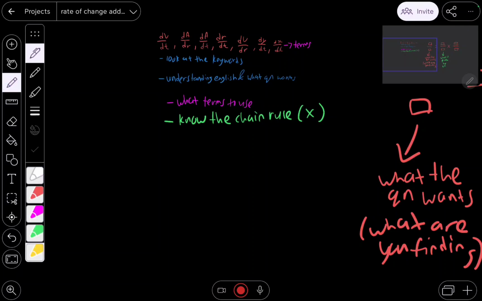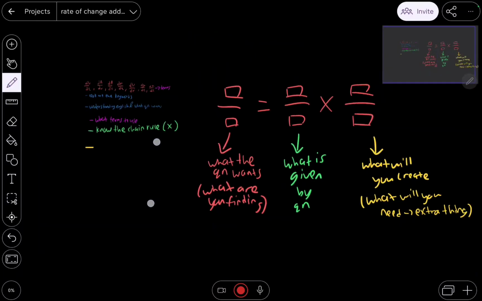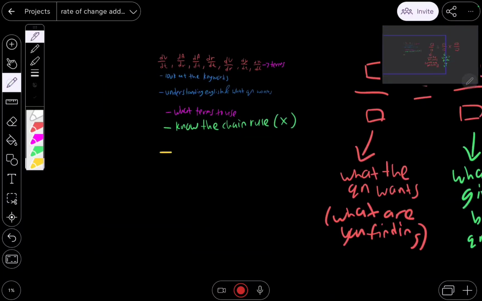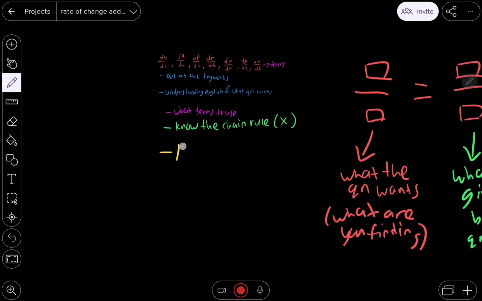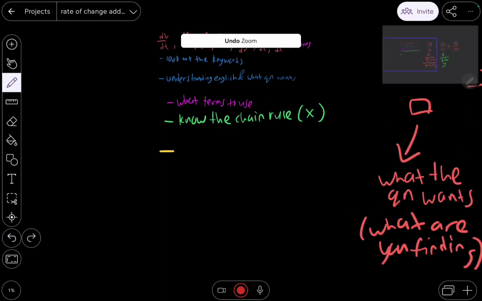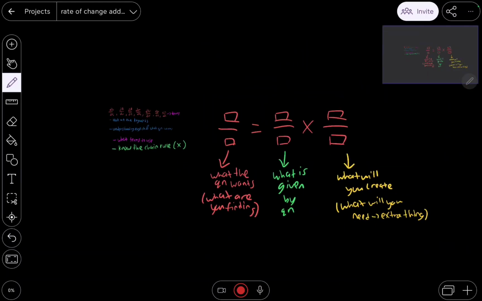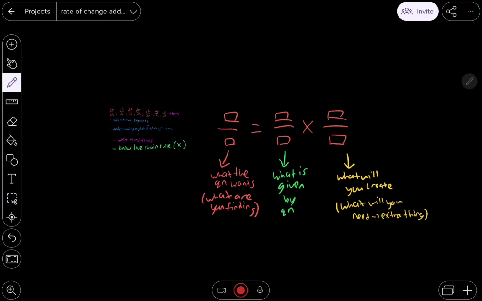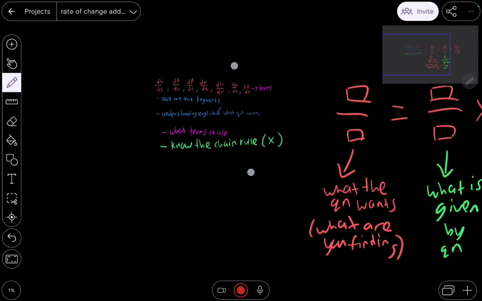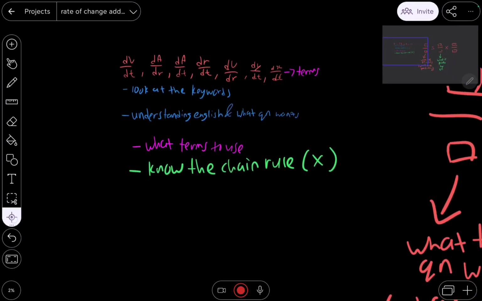Okay, one more thing is to also know the question parameters. You have to know what you are doing in this rate of change. Like what I said, look at the keywords, understand the English and what the question wants, know what terms to use, and know the chain rule.